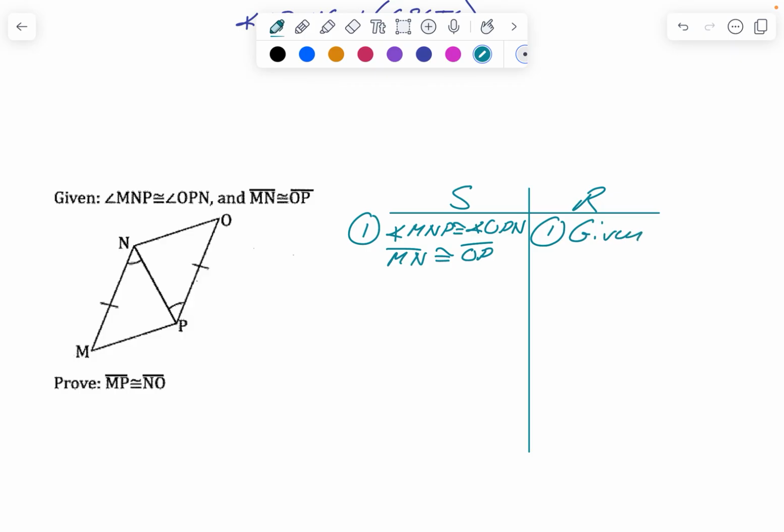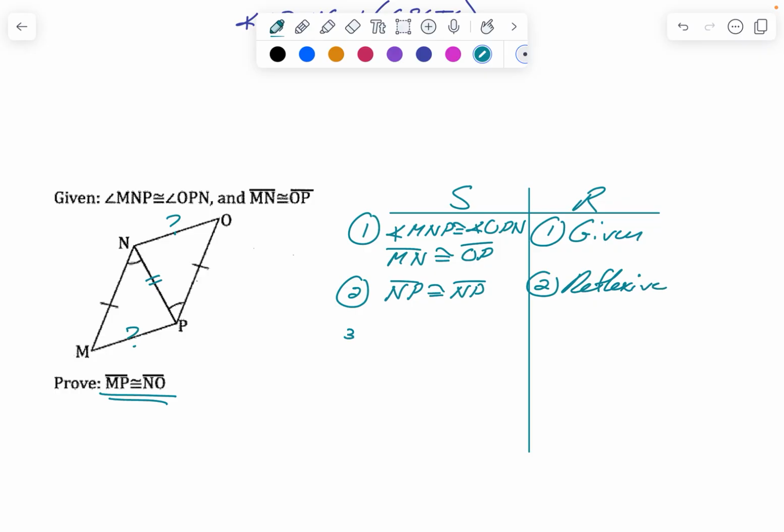Okay, and everything's marked. Great. Now, we want to prove this and this are congruent. So to do that, we need to prove those triangles are congruent. So number 2, let's talk about this common side there. Let's say NP congruent to NP, reflexive.